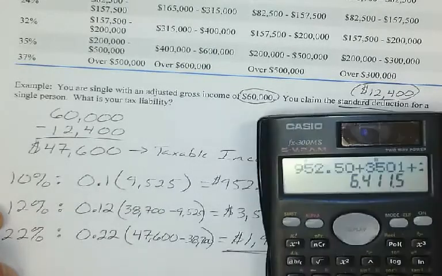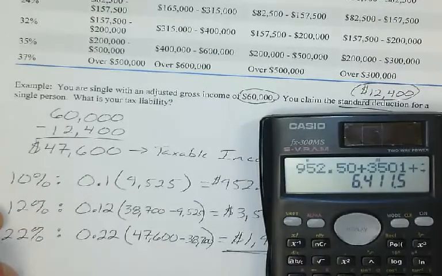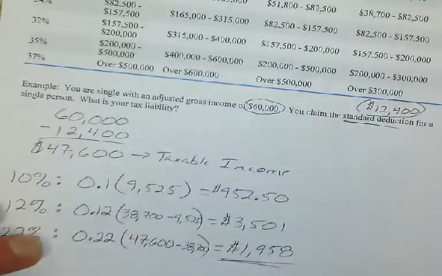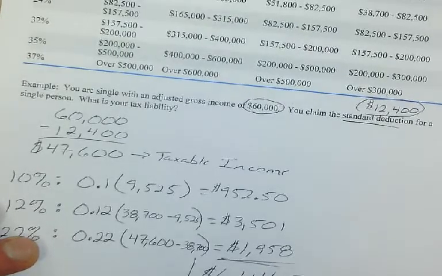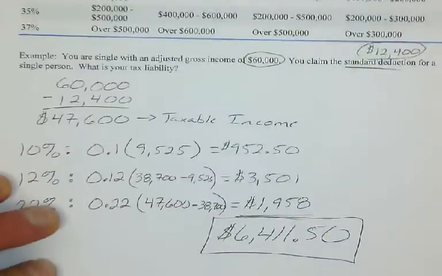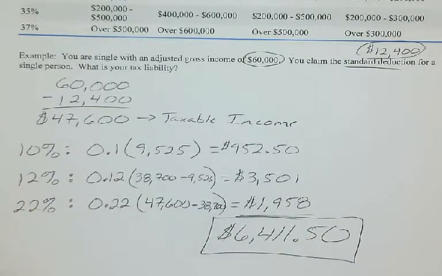That gives us a total tax liability of $6,411.50. That's how much this person should have paid in taxes.